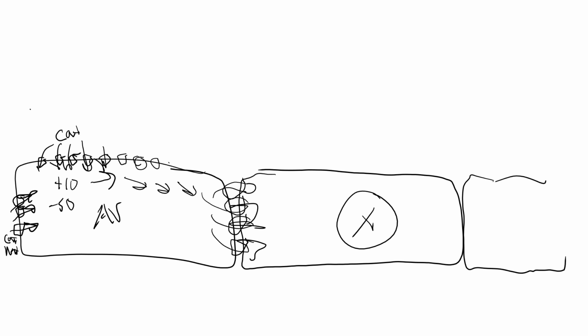These fibers propagate their action potentials just like the contractile fibers in the atrium. When they get to threshold, a combination of voltage-gated sodium and calcium channels open up.